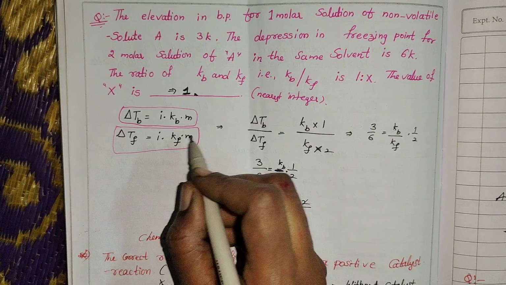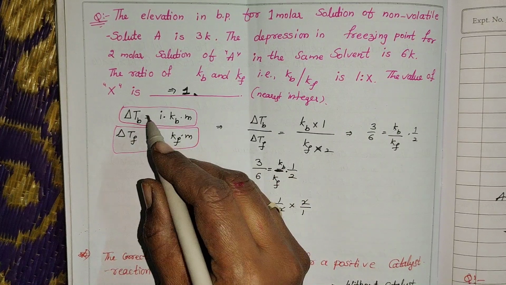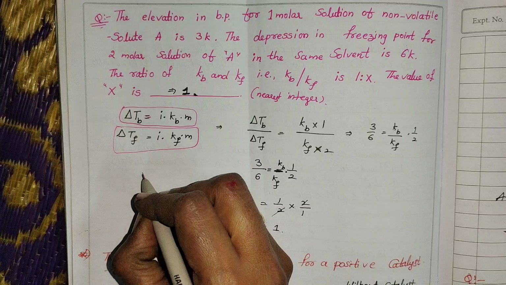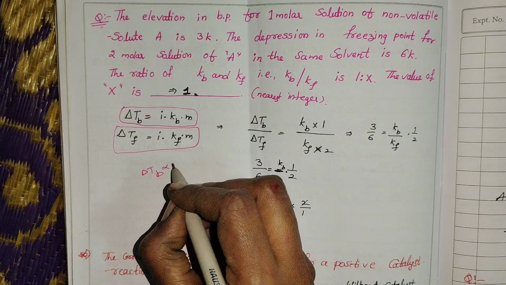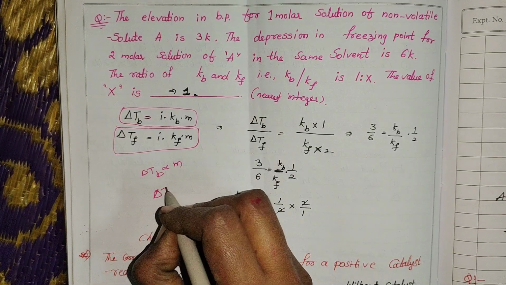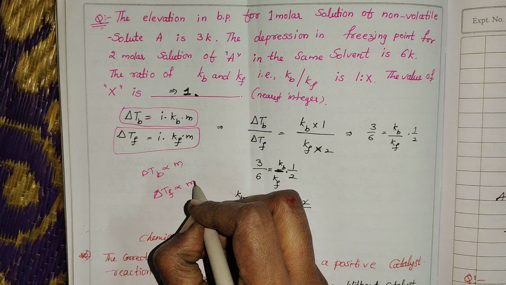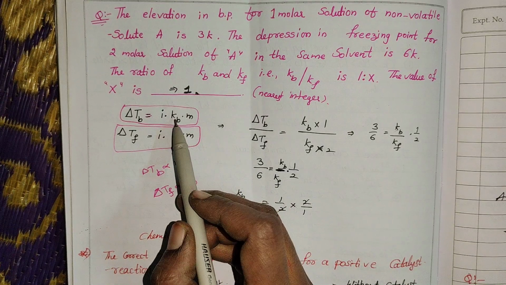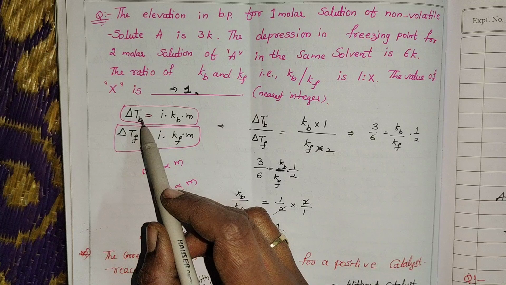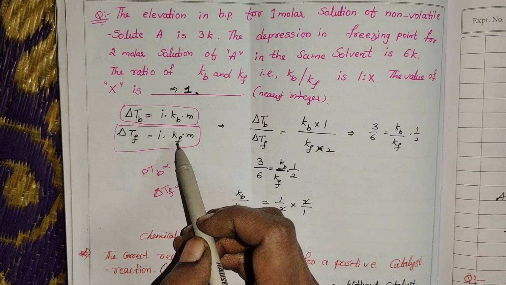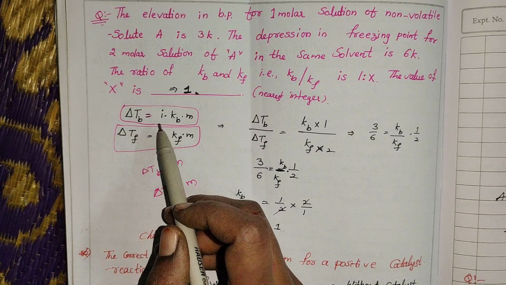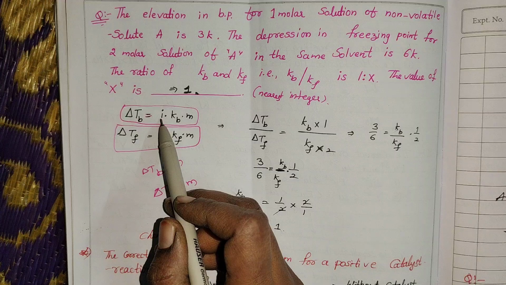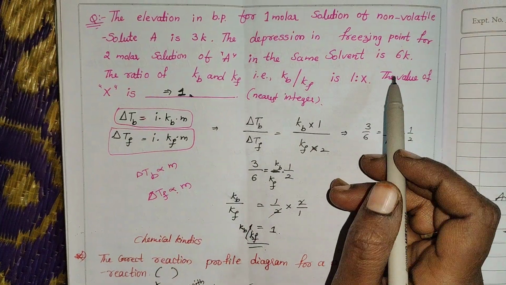Means those are directly related with the concentration. Delta Tb is directly proportional to m, delta Tf is directly proportional to m. If we remove the proportional symbol, we get a constant, that is the Kb for boiling point, Kf for the freezing point.